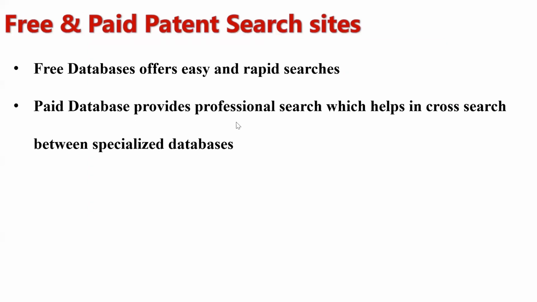That means we approach a professional search, so that it makes sure 100% that my patent application will not be rejected. To reduce the probability of rejection, this paid database will help the inventor.